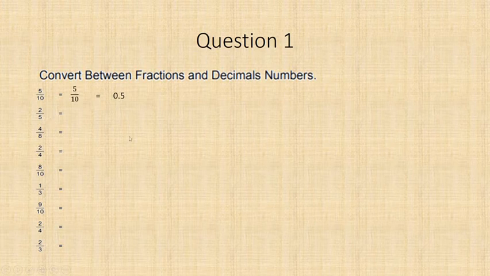Here it's 2 over 5. If you remember, in a previous session I explained something called best friends. I look at the denominator and try to find the best friend of 5.